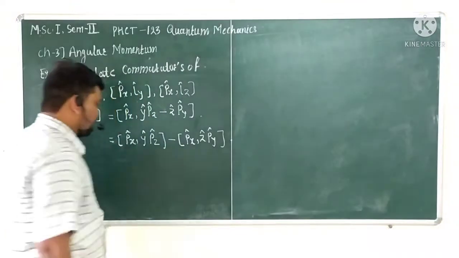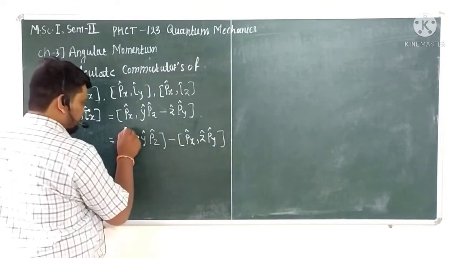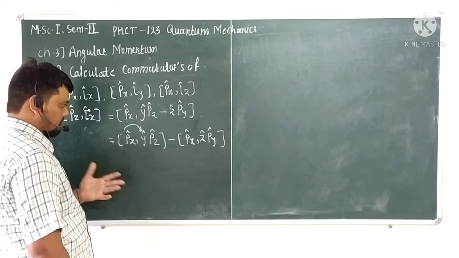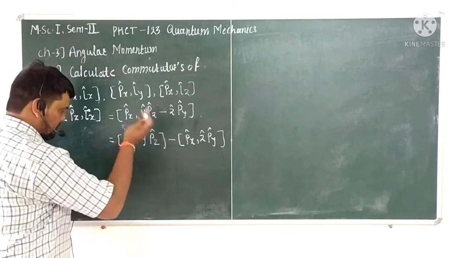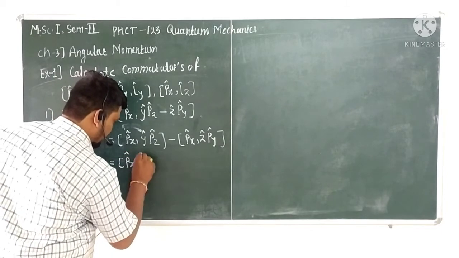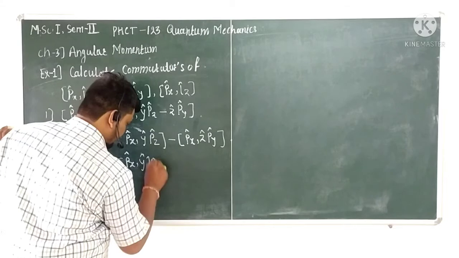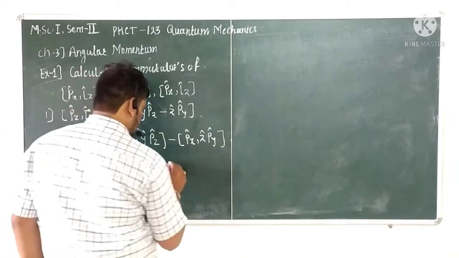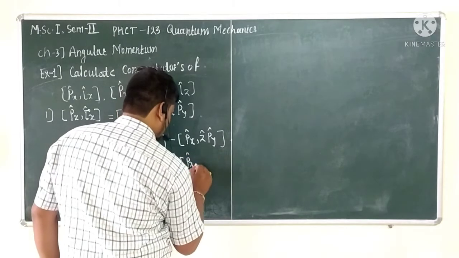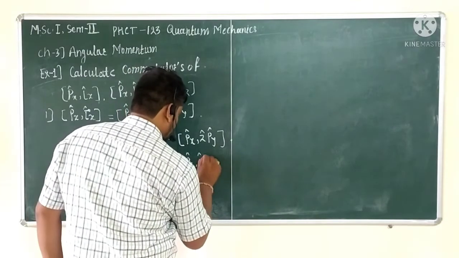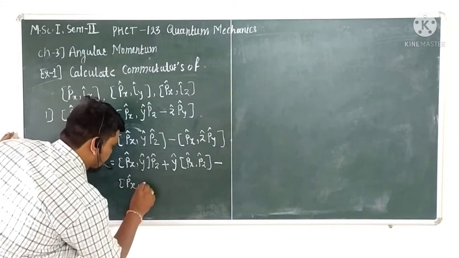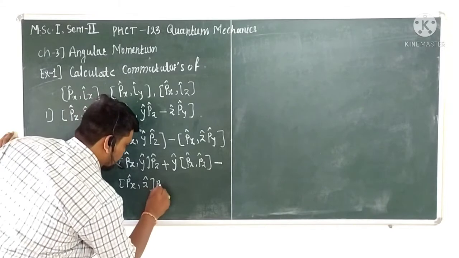If you commute this, taking y cap outside, we get px cap comma y cap, times pz cap, plus y cap outside, px cap comma pz cap, again minus px cap comma z cap outside of py cap.